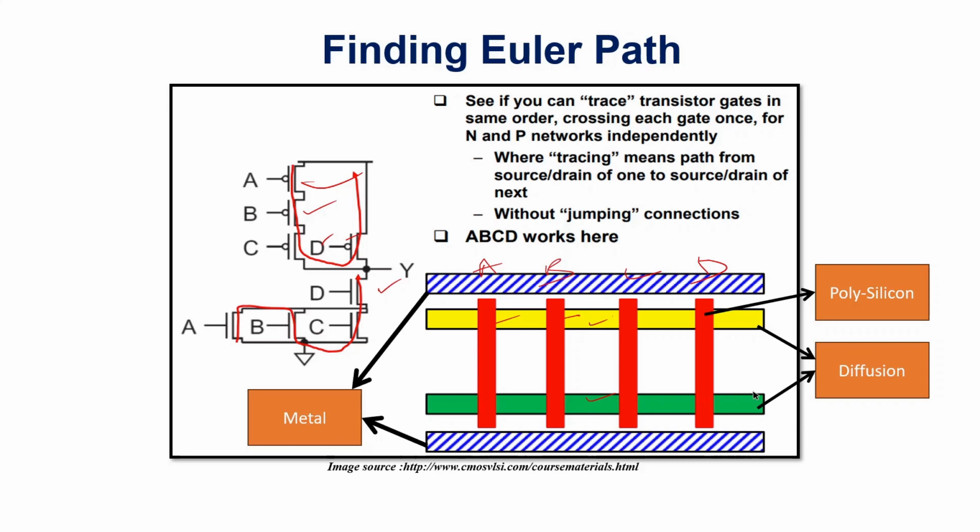So it's a single diffusion for all the MOSFETs, for NMOS and PMOS separately, and this is the metal for connecting VDD and VSS. In this way we can arrange and optimize our layout so that we can get less parasitics after parasitic extraction.